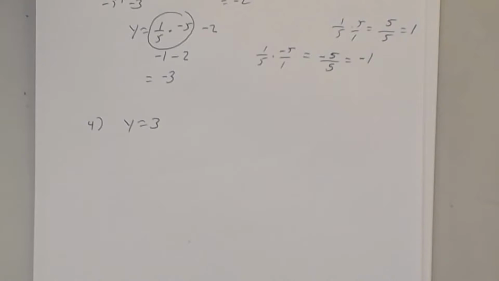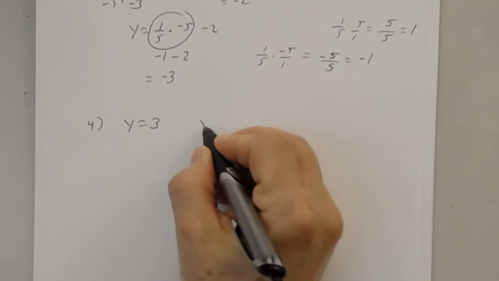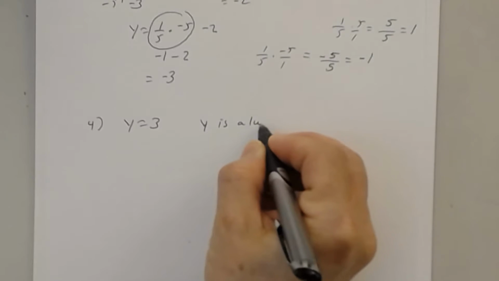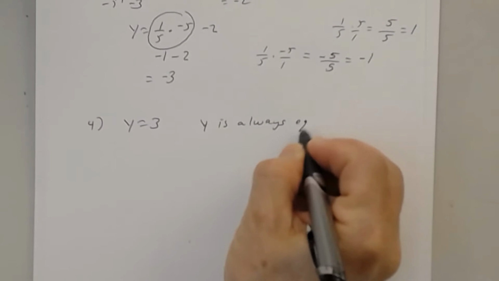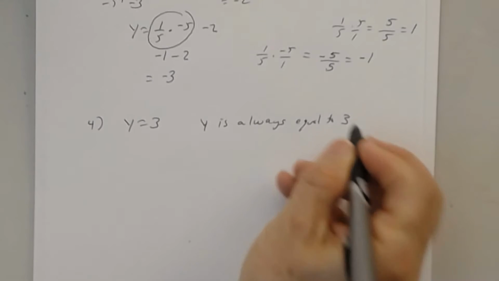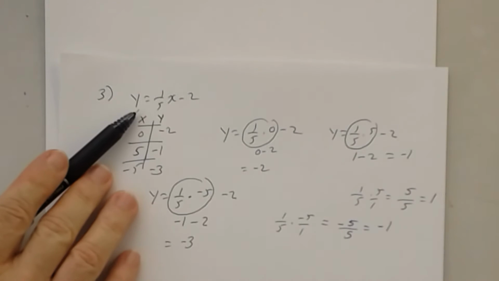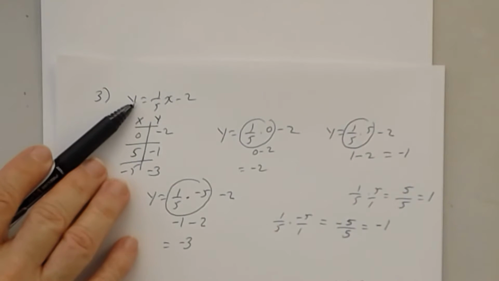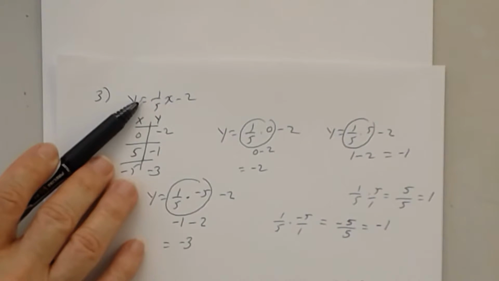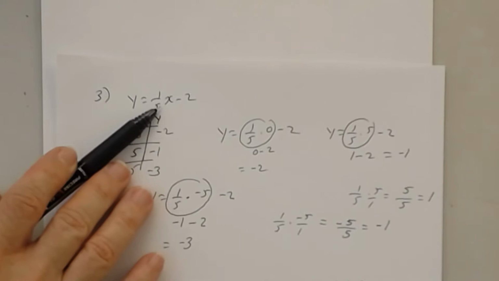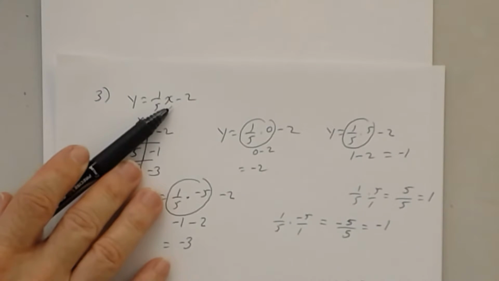Now, what that equation is saying is this. This is saying that y is always equal to 3. That's what this is saying. In the previous one, there was a variable x associated with it. So this says that y is always going to equal 1/5 of whatever x value I use, right?